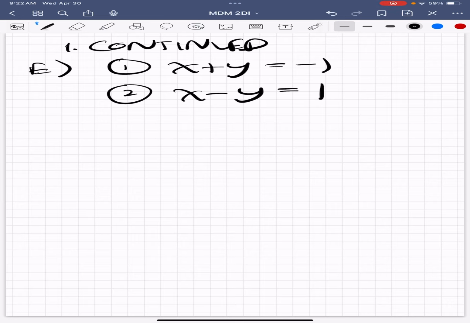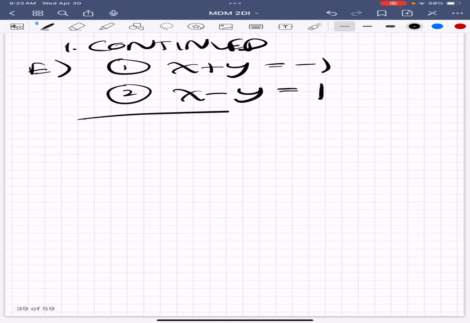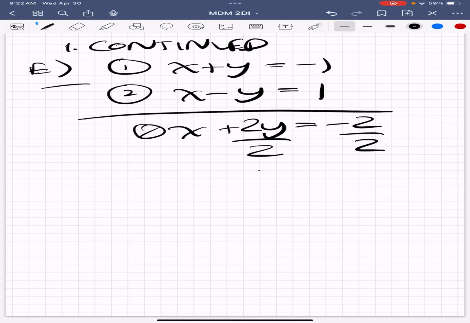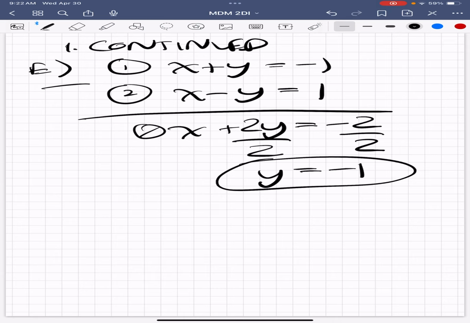So we're going to subtract equations 1 and 2 to eliminate the x variable. And we divided both sides by 2 to isolate y, solving for the y coordinate of the POI, which is -1. Then we choose either equation 1 or equation 2 to substitute the y-coordinate of the POI to solve for the x-coordinate of the POI.